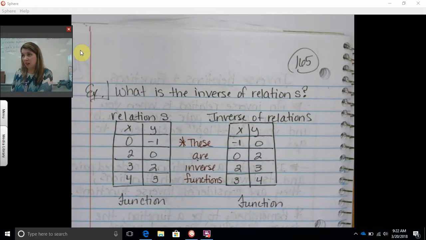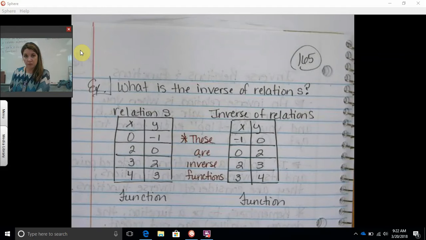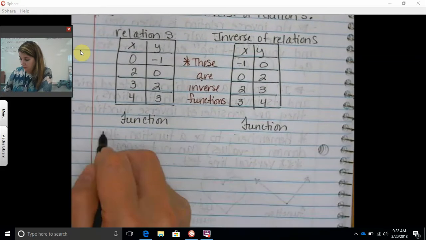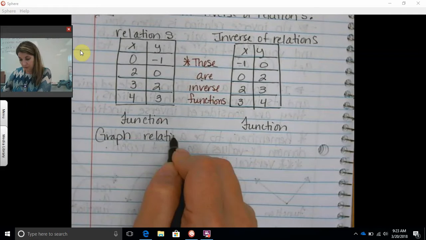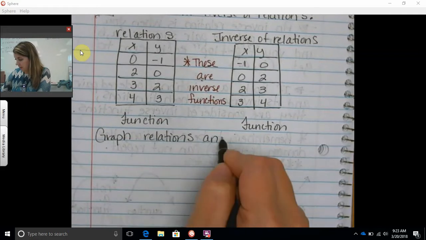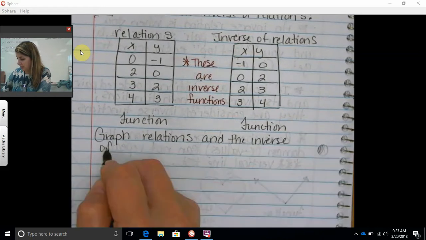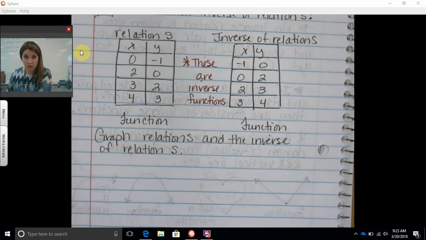You have a question? It's tough stuff, right? So complicated. All right, next thing I'm going to show you is we're going to graph relation S and the inverse of relation S. And the cool thing is it already gave me the ordered pairs, so literally I am just going to make two separate graphs, hand-drawn, and plot the points on there, okay?